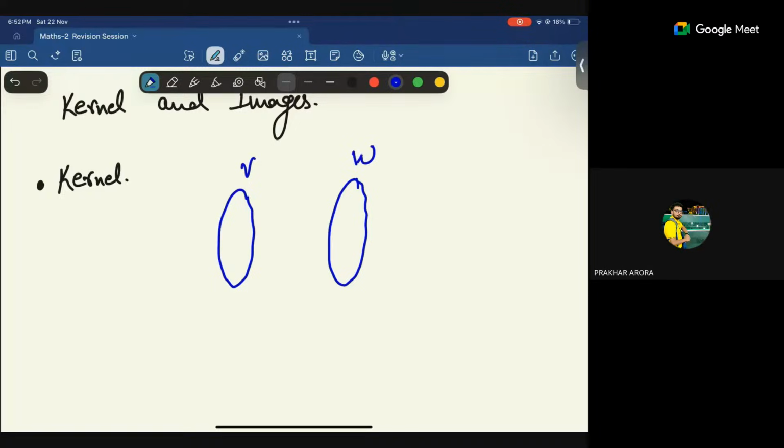This is exactly the way we drew functions there. Let me call this a vector, and these are circles, and this is the linear transformation.